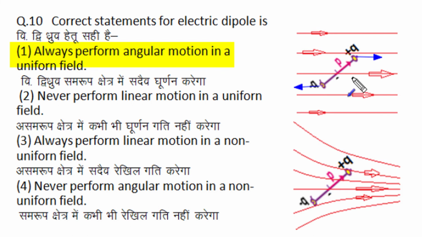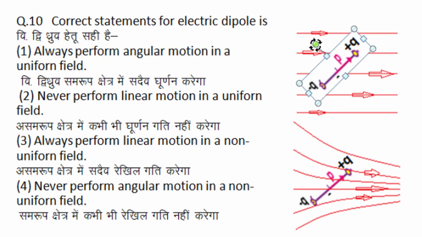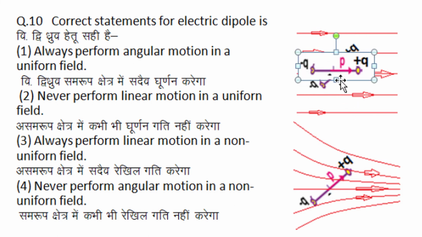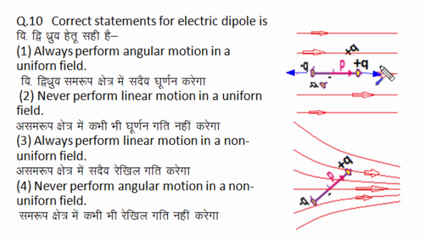So for theta angle between dipole moment and electric field other than 0 and 180, the dipole can perform angular motion due to electric forces. When the dipole makes angular motion and gets its alignment of dipole moment with the electric field direction, forces of the electric field on the two charges plus q and minus q, again equal and opposite, act on the same line and will neutralize each other.